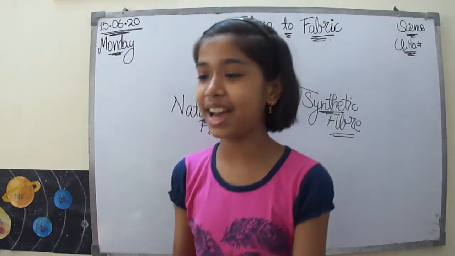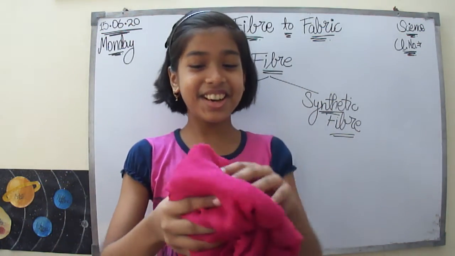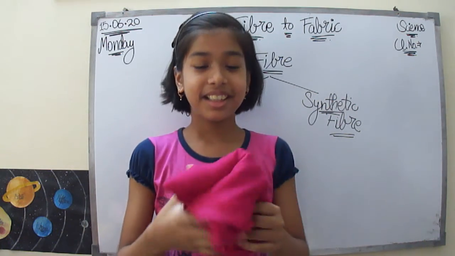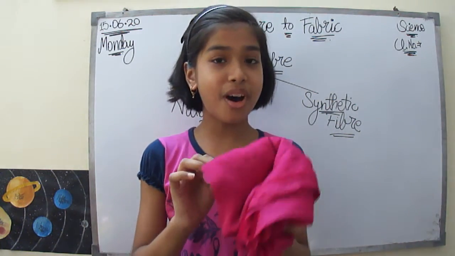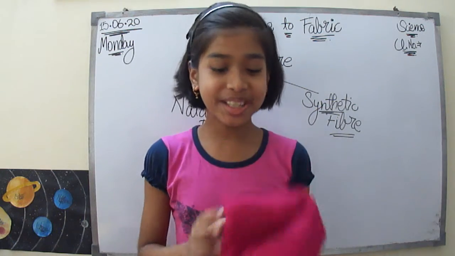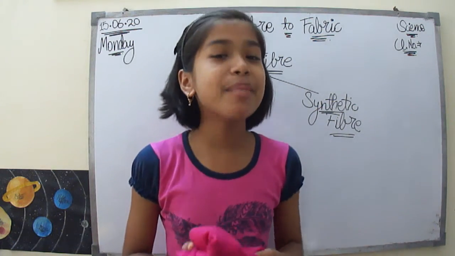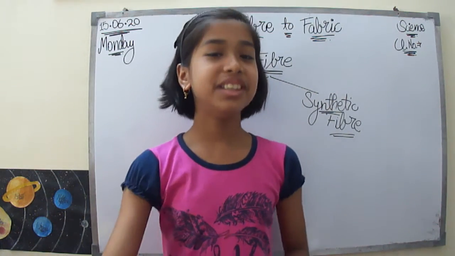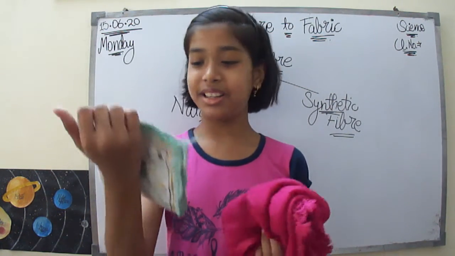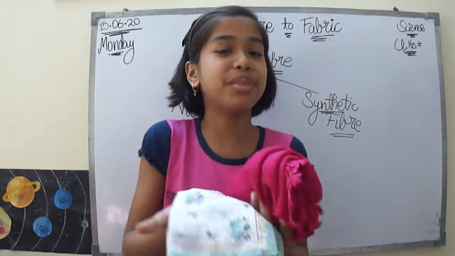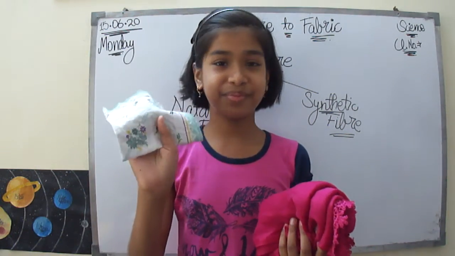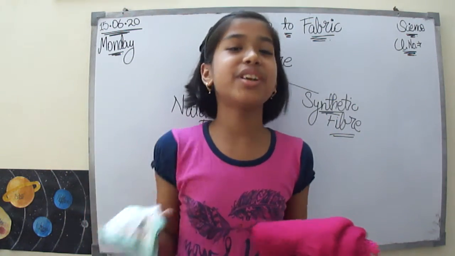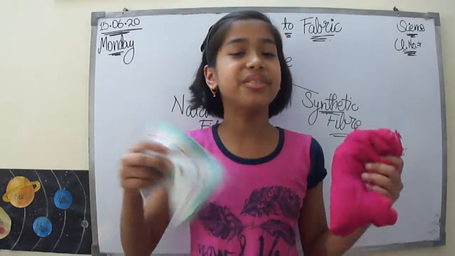Oh, so this is basically a scarf made up of polyester, and this is an example of synthetic fiber. Now let me have a fabric made up of cotton fiber. Yes, a handkerchief made up of cotton fibers.